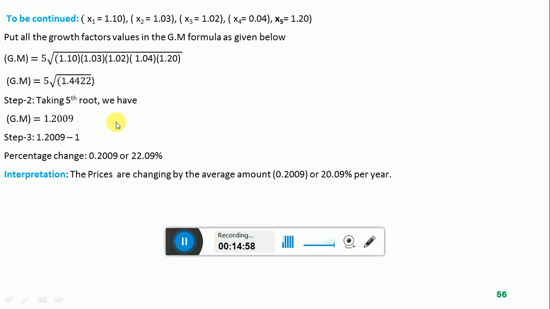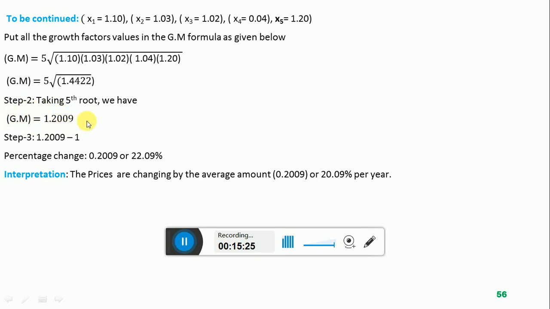In the third step, to calculate the percentage change in prices over time, we have to subtract 1 from the geometric mean value. So when we subtract 1 from 1.2009, 1.2009 minus 1 is equal to 0.2009 or 22.09%. I am again repeating from here. This is the calculated nth root value of the 5 growth factors. This is the geometric mean value.